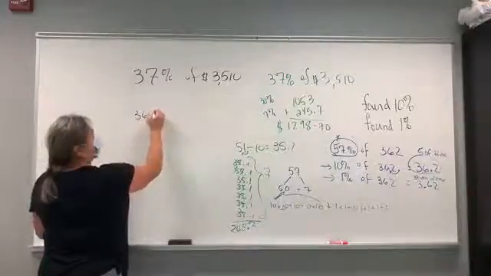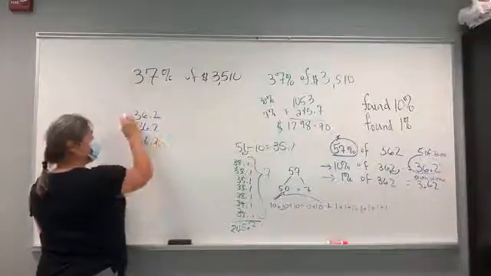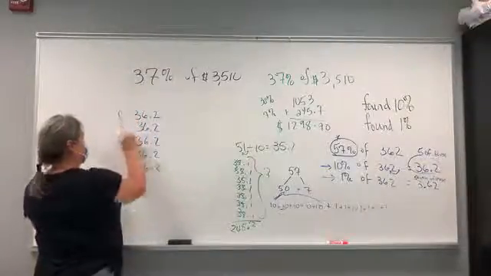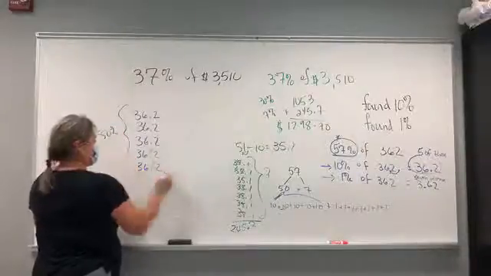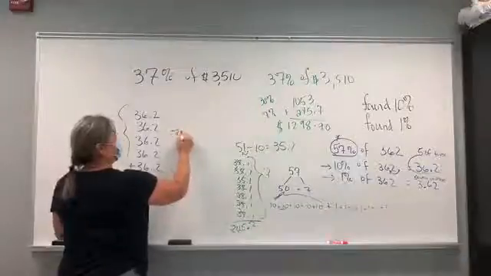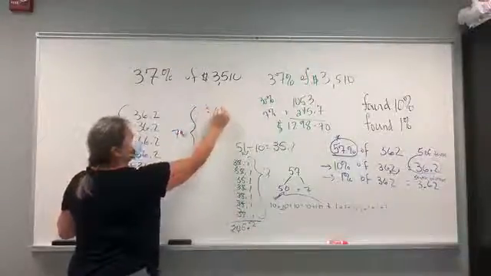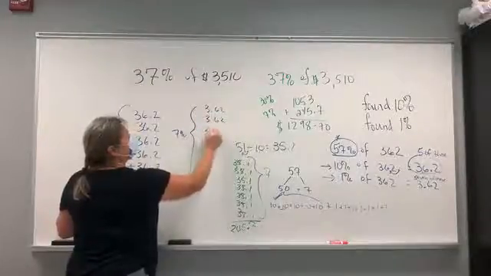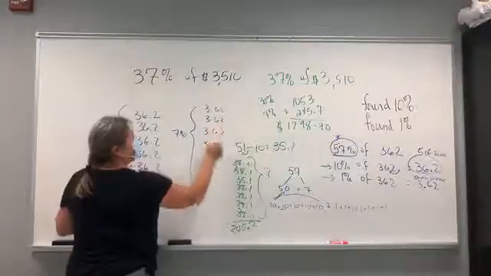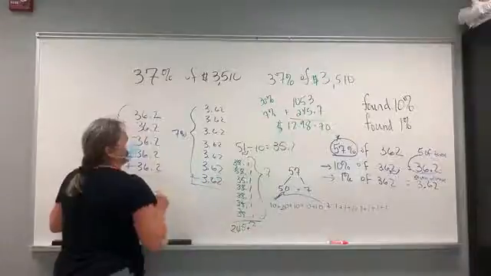So we have 36.2, and we need 5 of these, because it's 10, 20, 30, 40, 50. There's our 50. Then we have 7%, which means we're going to have 7 of the 1%. So 3.62, 3.62, 3.62, 3.62, 6, 7. Phew! All right.